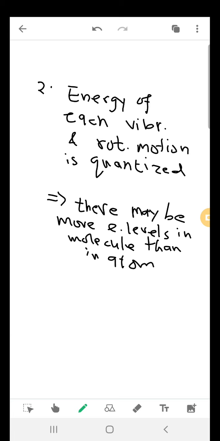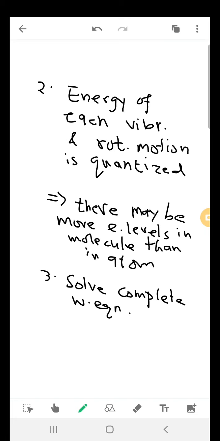Now the third postulate is, actually it's not a postulate, it's a way of solving the complete wave equation. And we can do it by considering the electronic wave equation.